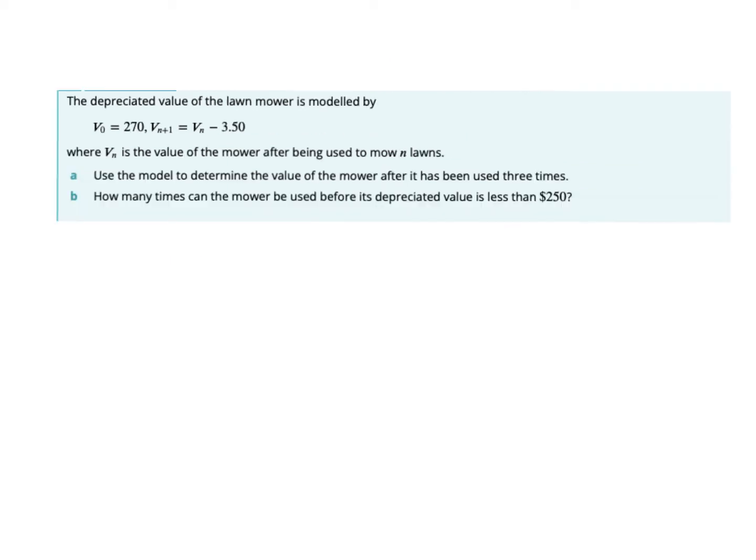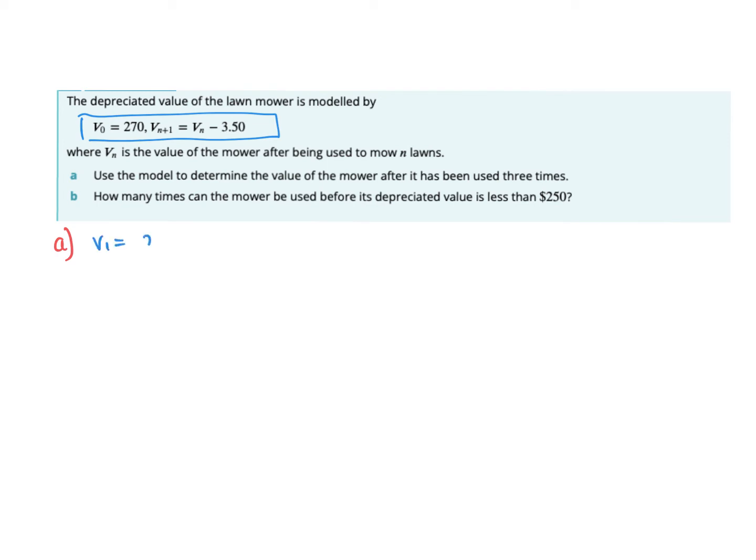Let's do this one. So the value of a lawnmower is modeled by, so here, this is where they're giving you the recurrence relation, and then they might ask you to use the formula to find the value after it's been used 3 times. So when they're using the recurrence relation, you'd have to do like I said.